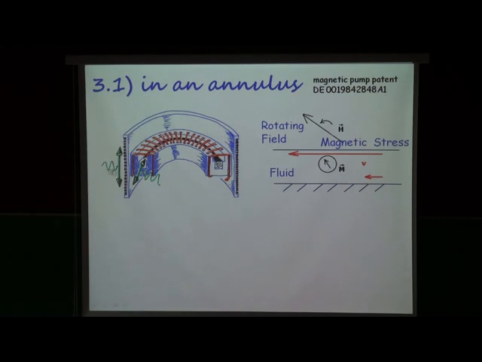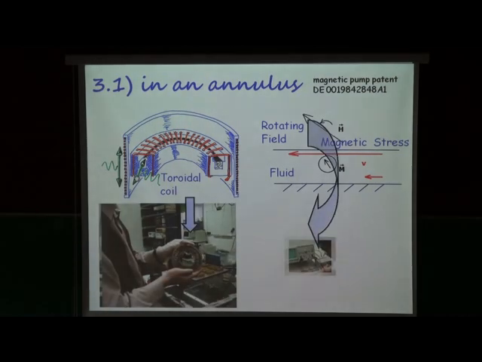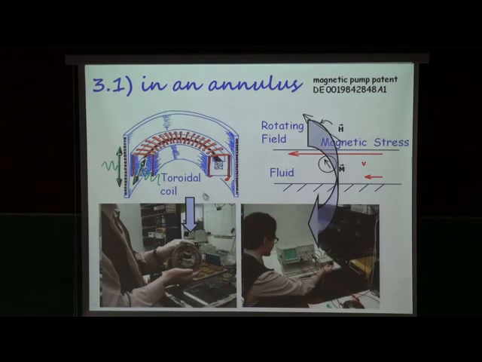And by applying an oscillating field here and another one, and both fields are somehow out of phase, you are creating a rotating magnetic field. You see that these fields are out of phase. By the way, this is Mr. Kraus.